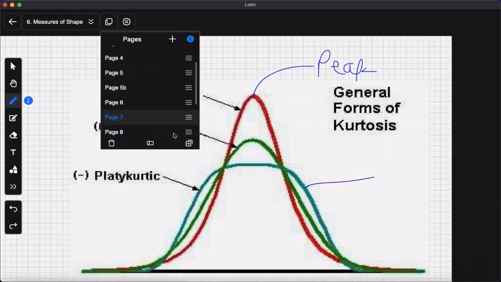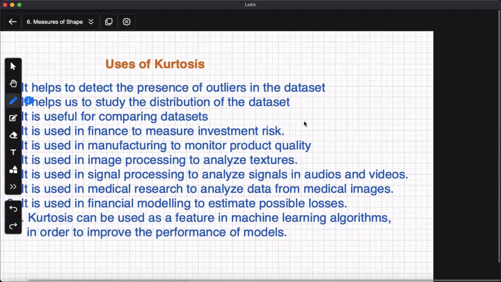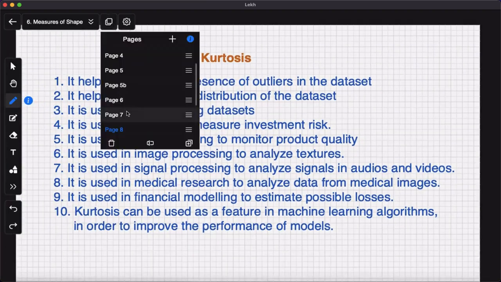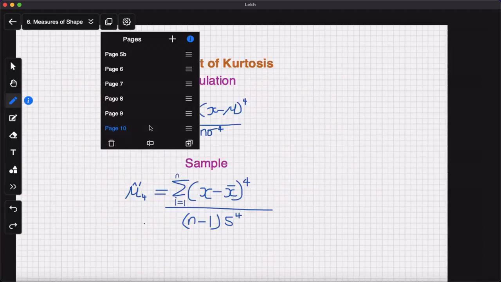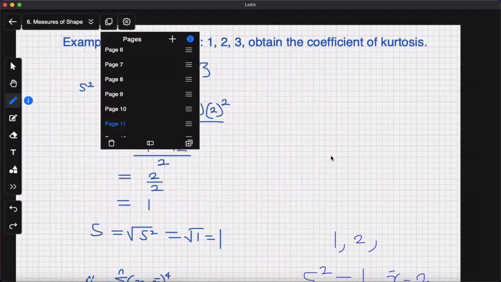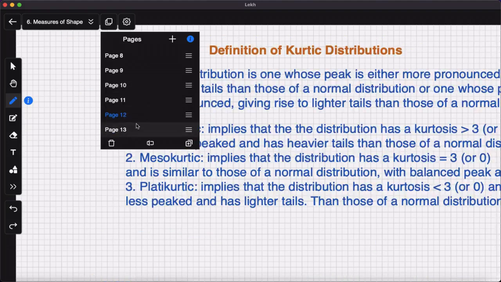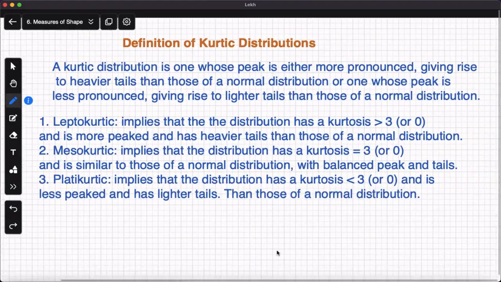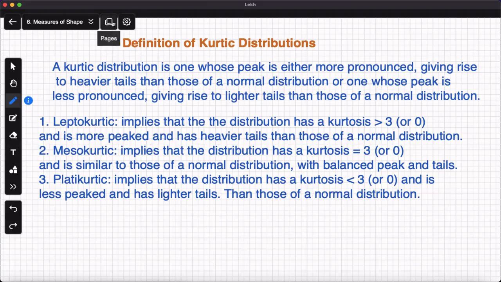Now, let's go on. In order to talk about the kurtic distributions, or rather to be able to determine which kurtic distribution we are talking about, we need a benchmark. That benchmark can be 0 or 3.